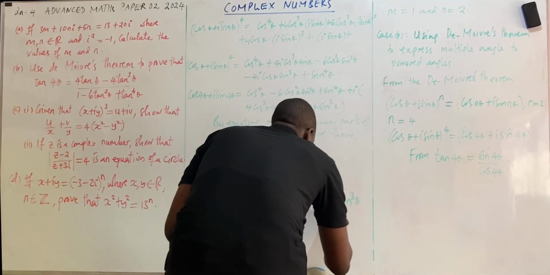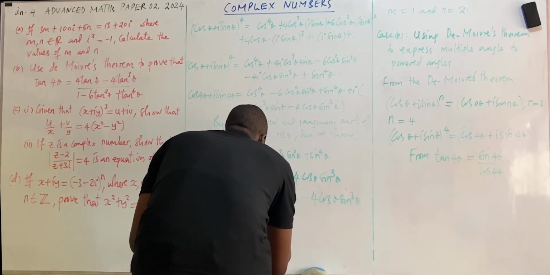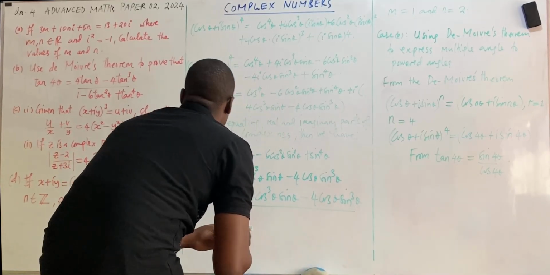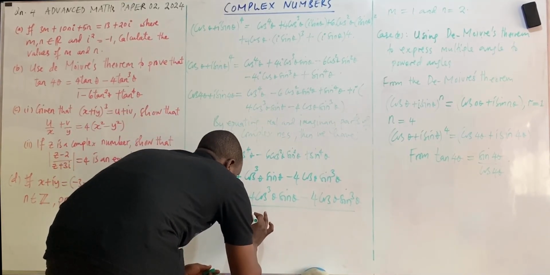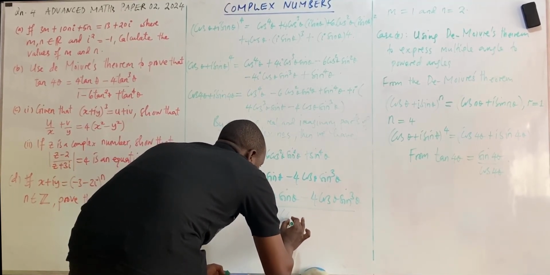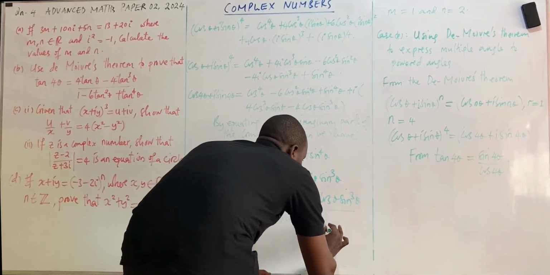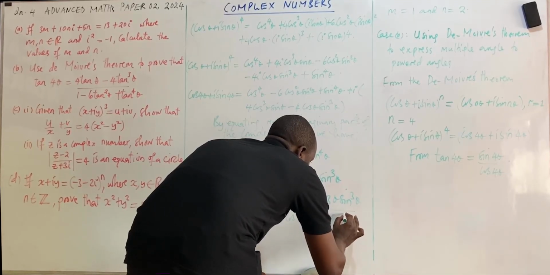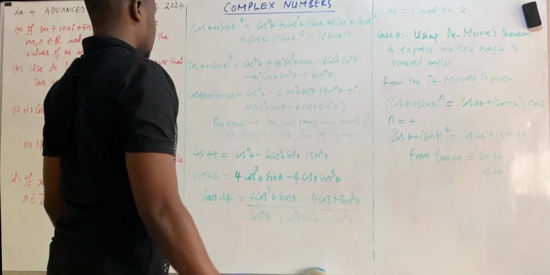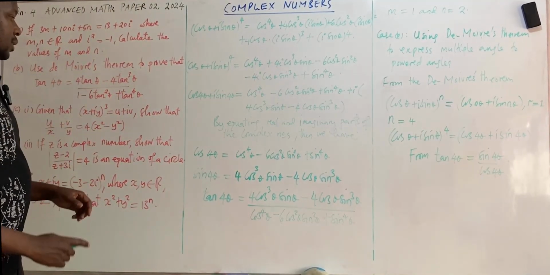Then now here you divide by the cosine of 4 theta, which is this one here. That will be the cosine quartic of theta minus 6 cosine square of theta, the sine square of theta, then we plus sine quartic of theta. So if that is to be the case, how do we develop this expression here, 4 tan of theta?